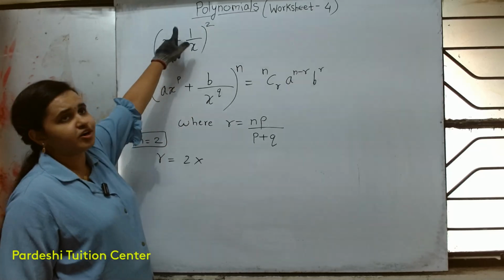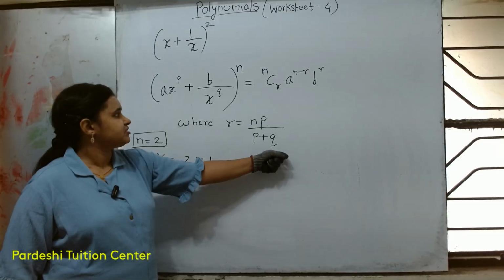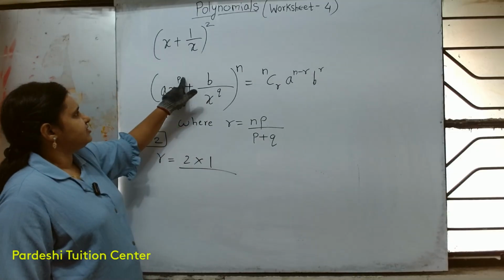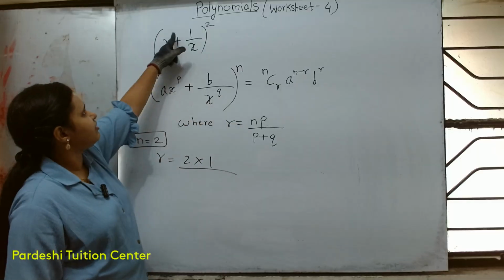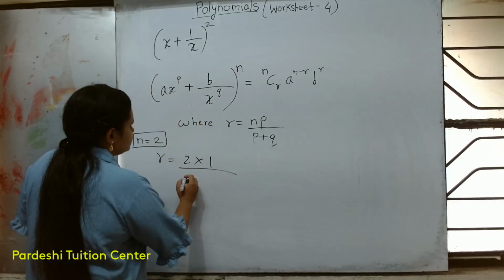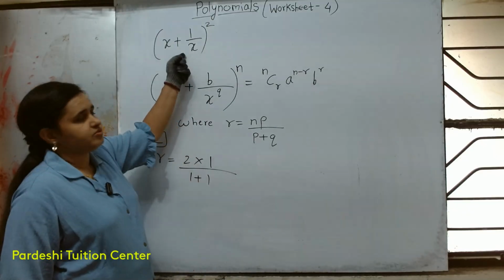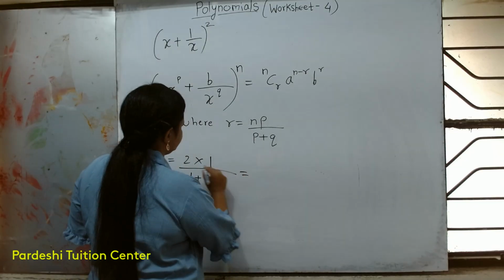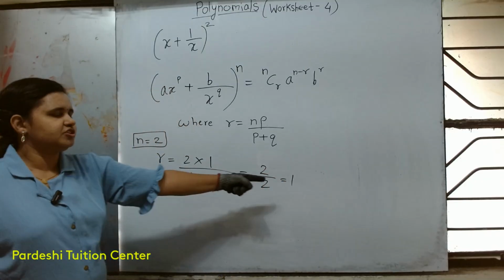So here power of x is 1. So we will write 1. Now p plus q. Here power of x is p. Now in the second term power of x is q. Here power of x is 1 and here also power of x is 1. So we will take 1 plus 1. p and q both are 1 in this one. Okay. So it will be 2 ones are 2 upon 2. So it will be 1. Our r is equal to 1.